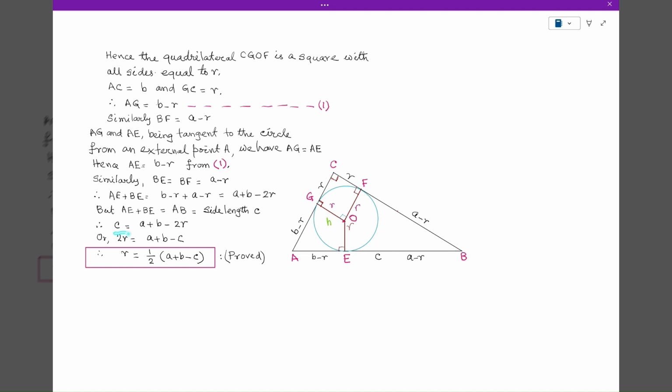Because C is equal to A plus B minus 2R, we get 2R is equal to A plus B minus C. Dividing both sides by 2, we get R is equal to half multiplied by A plus B minus C. We were required to prove this property.